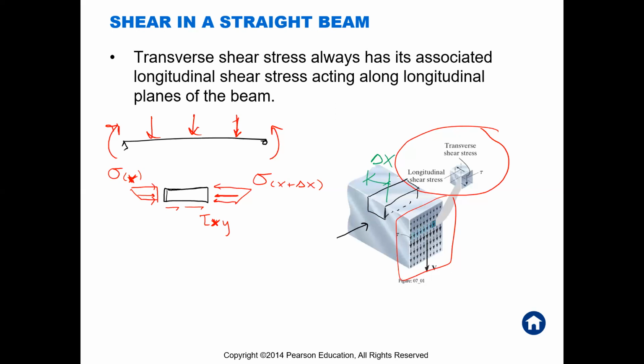And that's necessary to put it into equilibrium. So really what we're deriving is this longitudinal component of the shear, this longitudinal shear stress, and then from our knowledge of moment equilibrium, therefore the vertical shear stress must exist, or the transverse shear stress must exist.